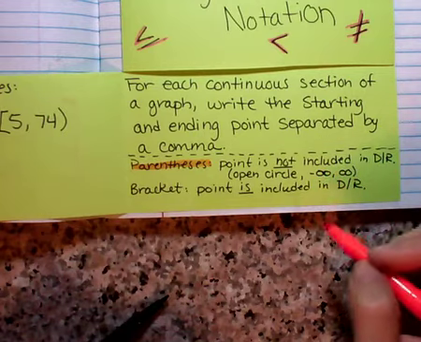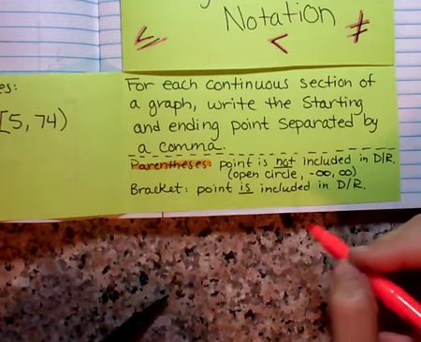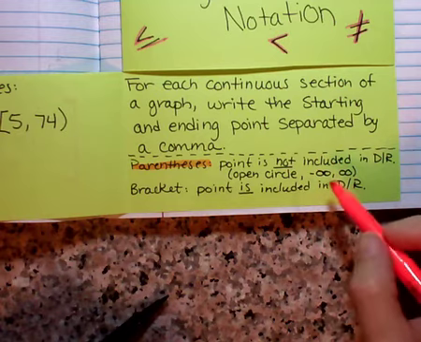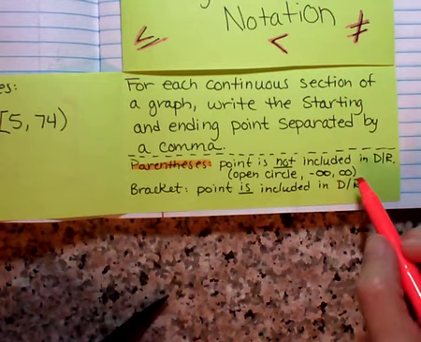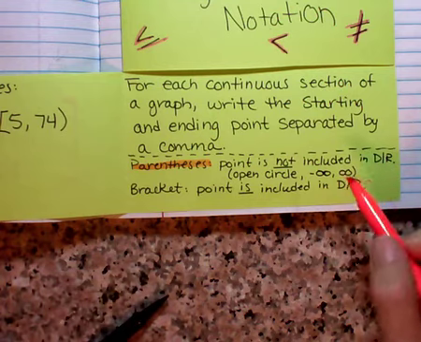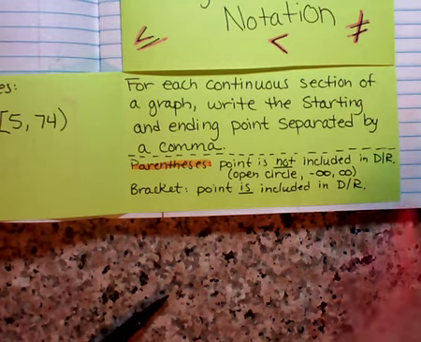And that's like in an inequality, if we draw an open circle, we would use parentheses anytime we talk about negative infinity or positive infinity, because we can't actually equal negative infinity or positive infinity.